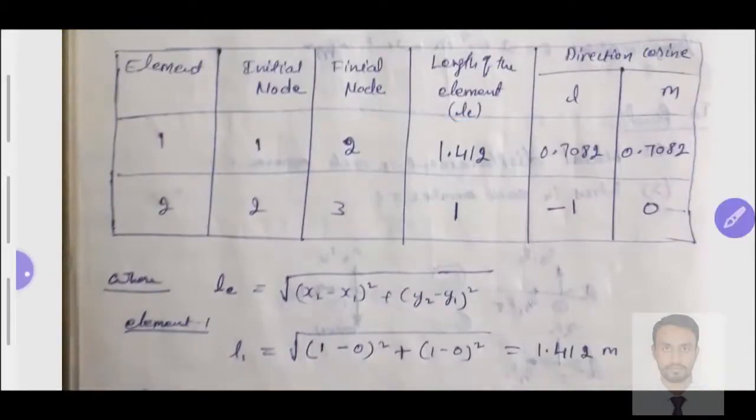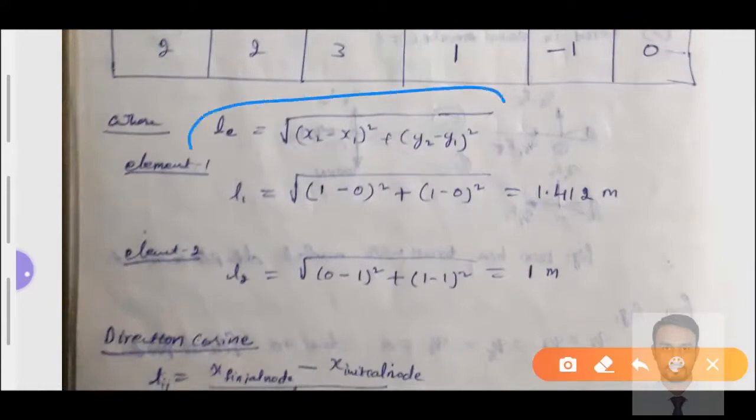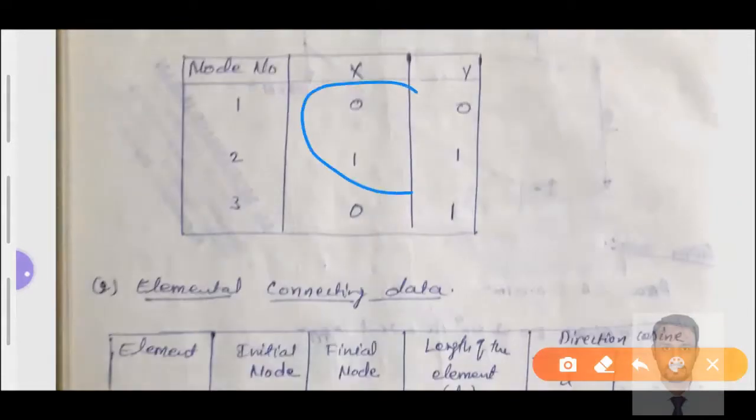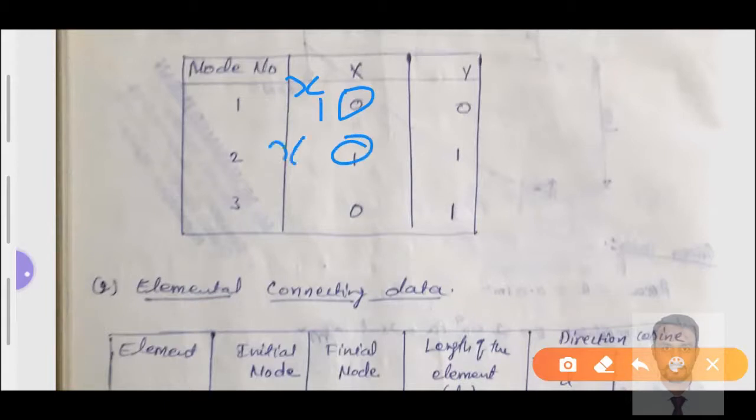Now we have the same concept here: LE, or L1, equals the square root of (1 minus 0) square plus (1 minus 0) whole square. These values we take: this value is x1, this value is x2, this value is y1, and this value is y2.